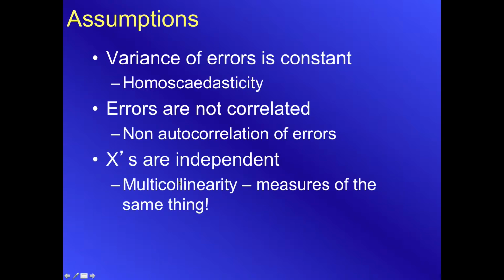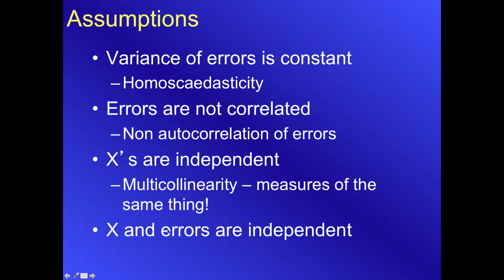Right. The next thing is when you're specifying the model, the choice of x's is important. So if two x's are linear combinations of one another, you don't want to include both. You'll include one or the other, because otherwise you'll compromise the quality of the statistics of the model.